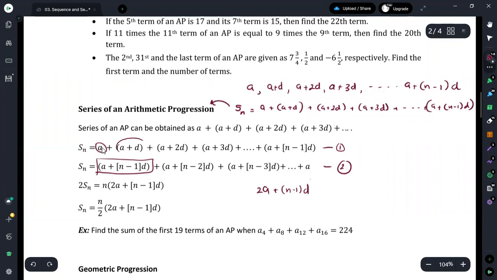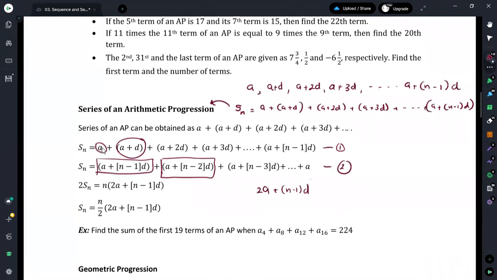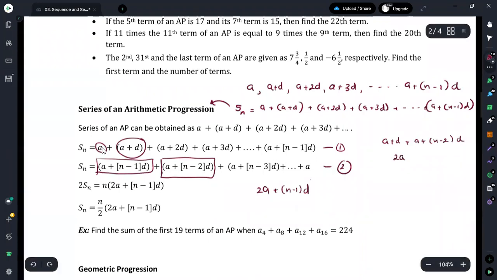Then we add the second terms of the two series. Here we have a plus d in the first series. In the second series, we have a plus n minus 2 times d. If you perform this calculation, here also we get a plus a, 2a, then d plus n minus 2 times d, which again gives n minus 1 times d.